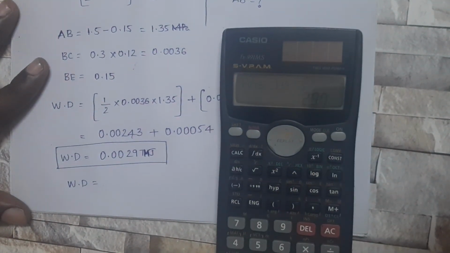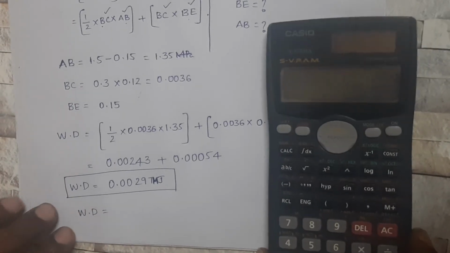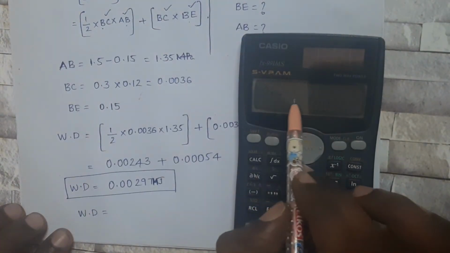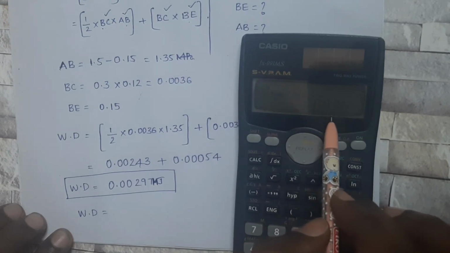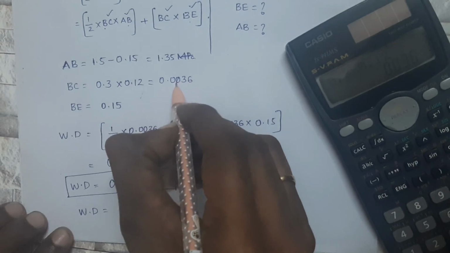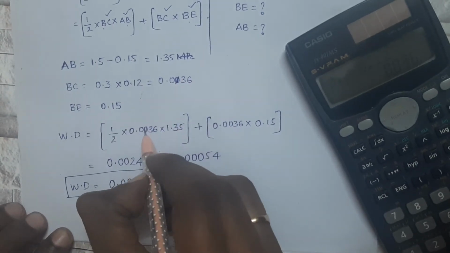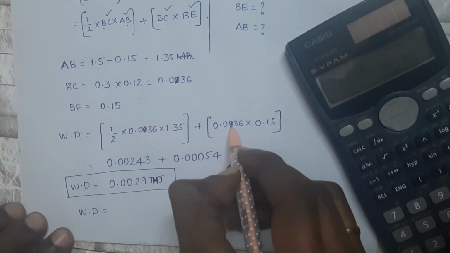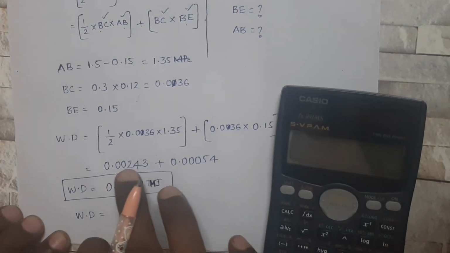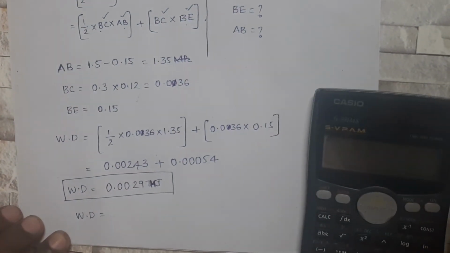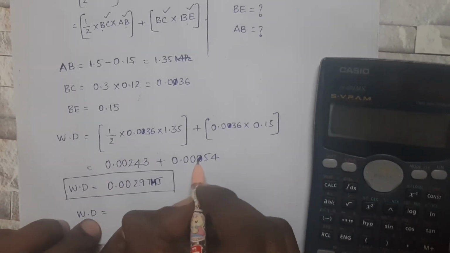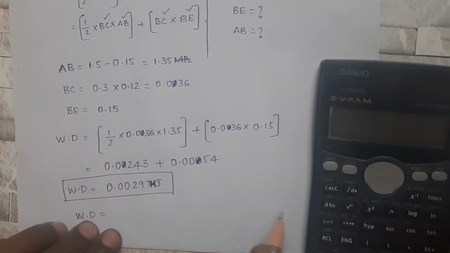something like, I'm sorry students, a small correction is there here. 0.3 into 0.12 is 0.036. I have taken double zeros here. I'm sorry for that. If I remove 1 zero, 0.00243 will be changed. 1 zero will be reduced here and here also.